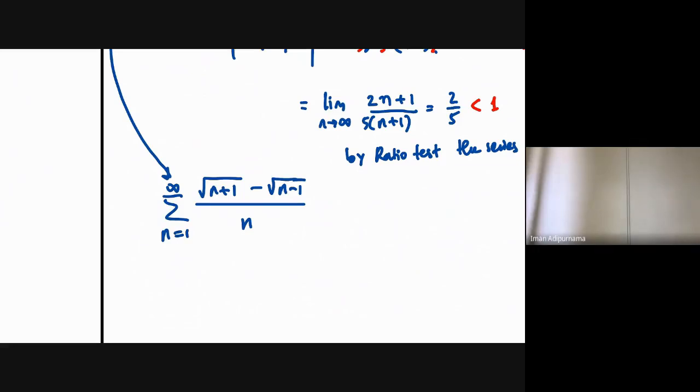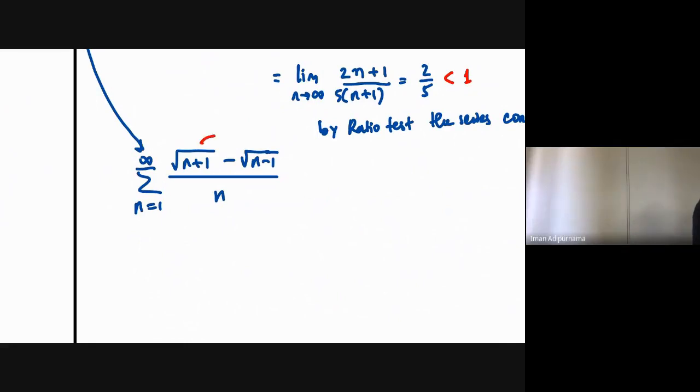But compare with which function or which series, right? So if you see here, it seems like we have this square root that is probably trouble here, right? Because we have this square root.